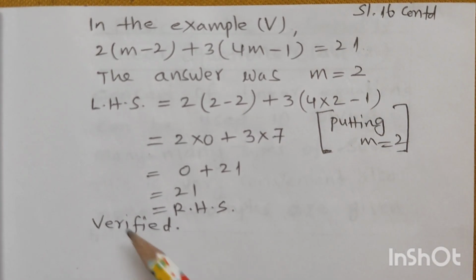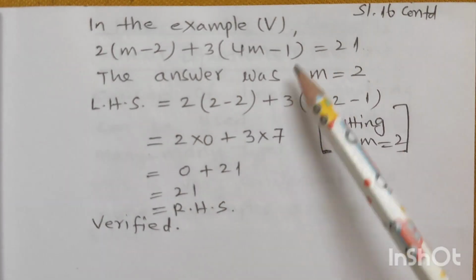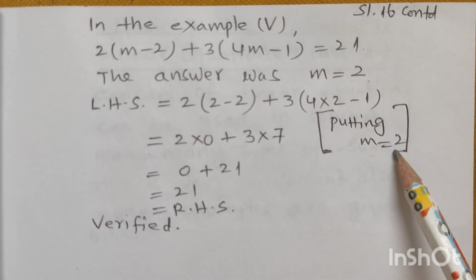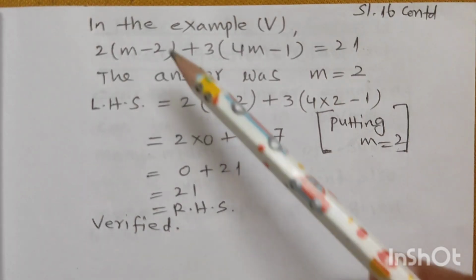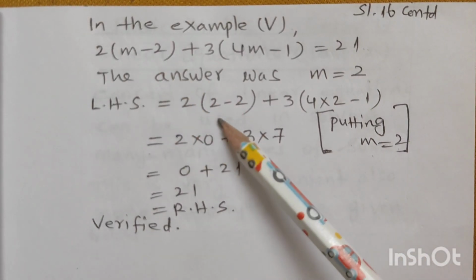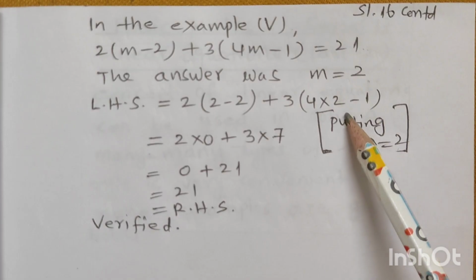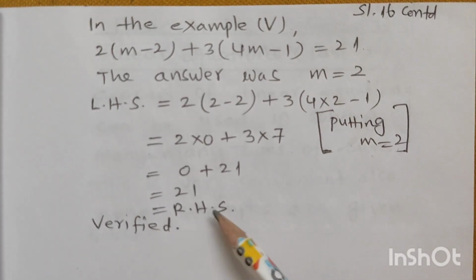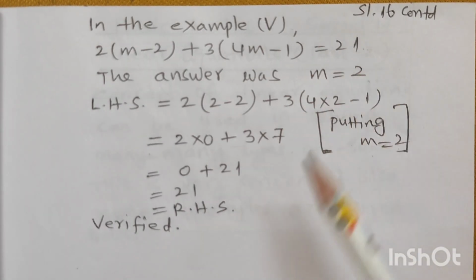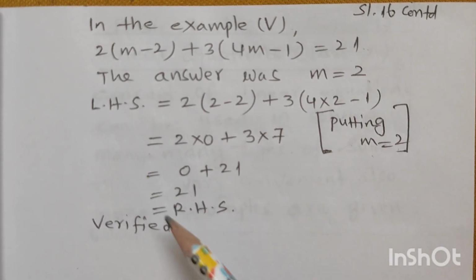Now in the left hand side we put the value m equals 2. See, for m 2 has been put here. For m 2 has been put here. Then we have simplified and we got 21 on the left hand side, and 21 is also equal to the right hand side. So we say left hand side equals right hand side. So our answer is verified.